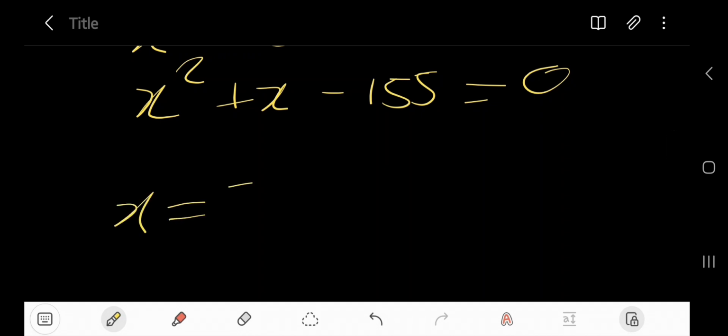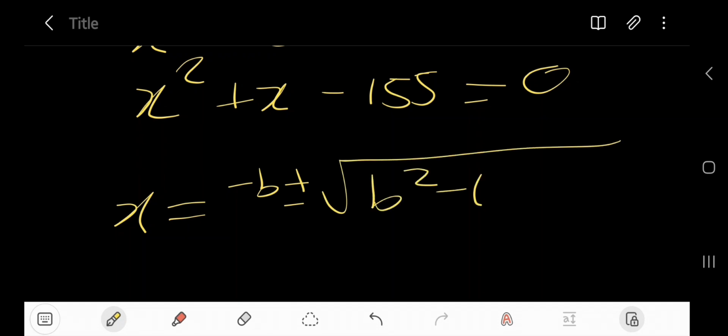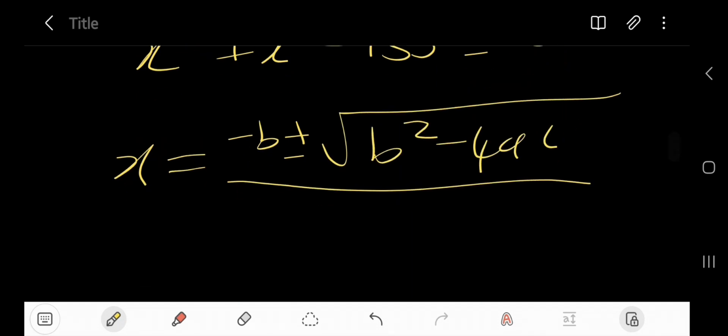Quadratic formula: x is equal to minus b plus or minus the root of b squared minus 4ac, all over 2a.